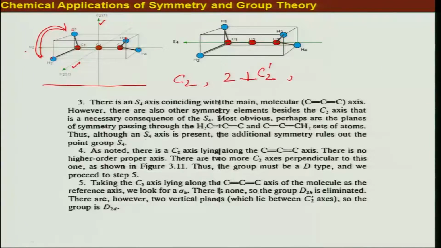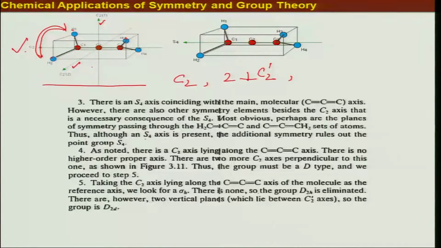Then I have to ask, do I have a sigma h? In this particular case, I take any of the C2s as the principal axis. You will find there is no perpendicular sigma plane. So now I take this C2 as my principal axis of rotational symmetry, and I do not find any sigma h.